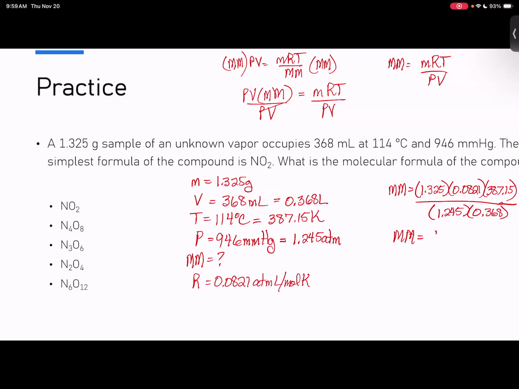And you get a value of 91.9 grams per mole.